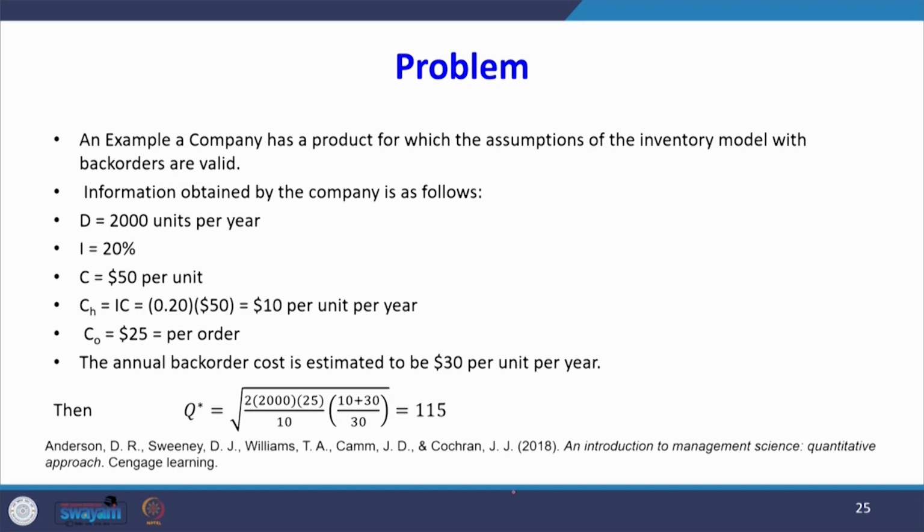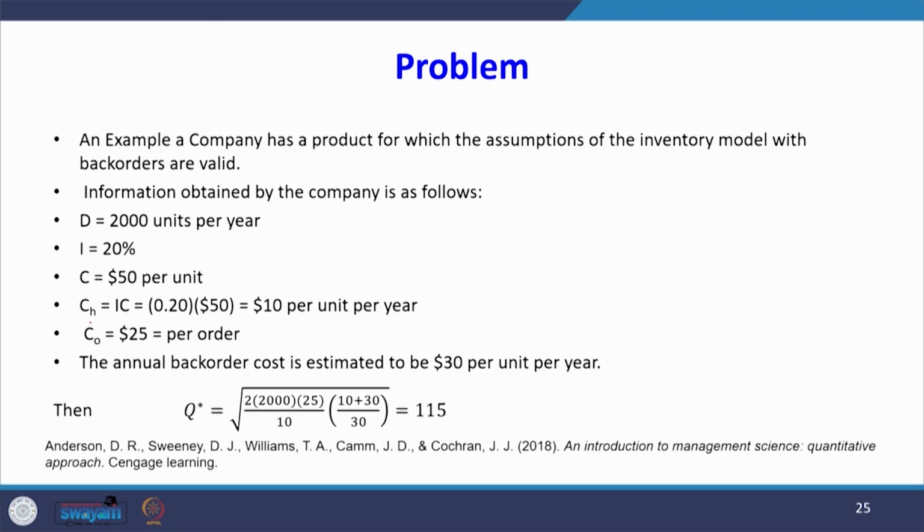Now, we will take one problem, then we will apply this planned inventory shortage model. An example: a company has a product for which the assumptions for the inventory model with back orders are valid. Information obtained by the company is as follows: annual demand is given, interest rate is 20%, unit cost is $50 per unit.